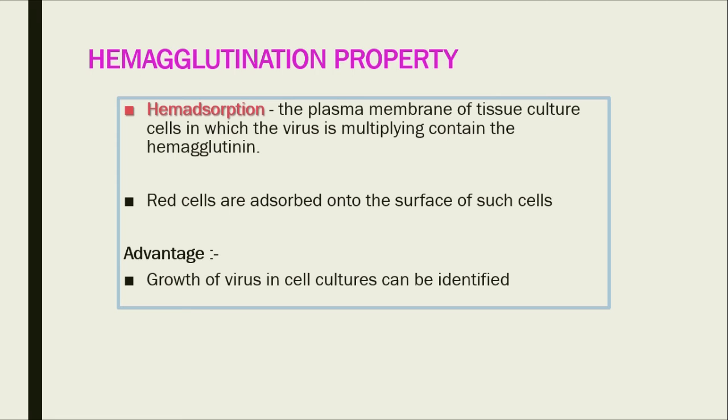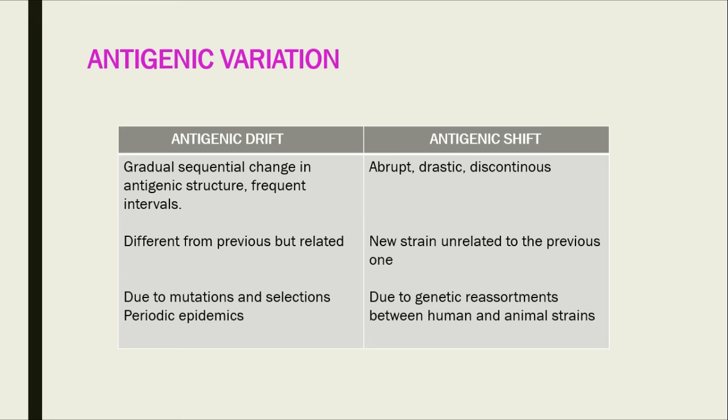Hemagglutination is actually happening between the virus and RBC. Hemadsorption actually happens between virus-infected host cells and other healthy cells. That's the difference, right? So red cells are adsorbed on the surface of such cells, and the advantage is we can use the hemadsorption process to confirm the growth of virus in tissue culture media. And this is how they may look under the microscope, hemadsorption.